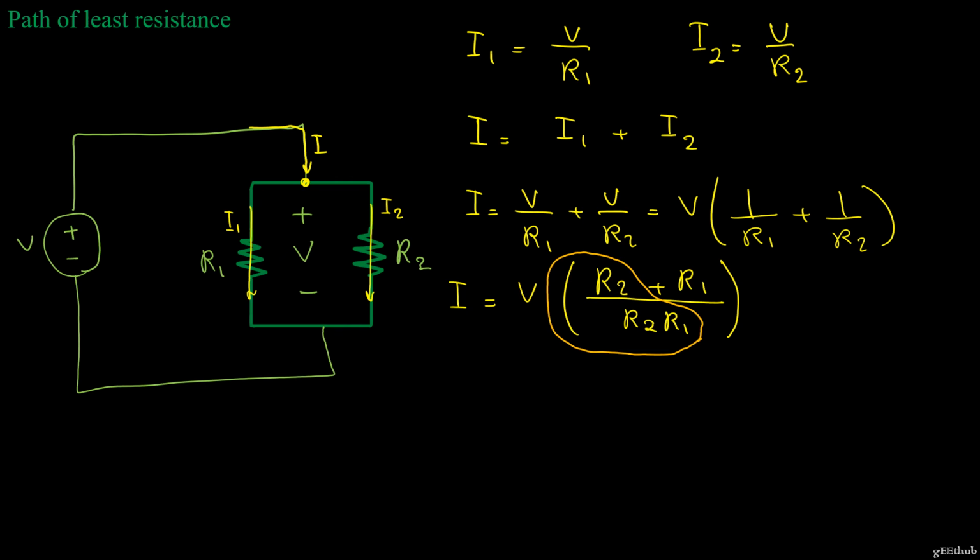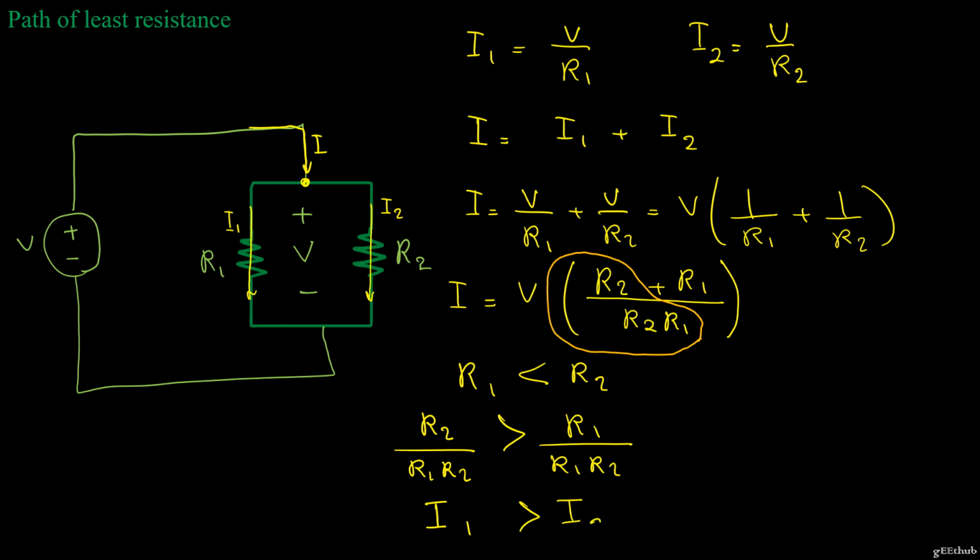So if my R1 was less than R2, R2 over R1 plus R2 would be bigger than R1 over R1 plus R2. So now my current 1 is bigger than my current 2.